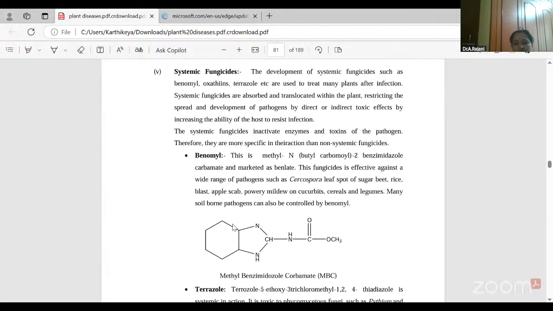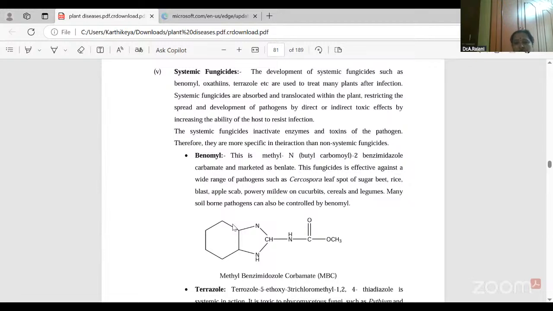Systemic fungicides. The development of systemic fungicides such as benomyl, oxathiin, and thiabendazole allows many plants to be treated after infection.